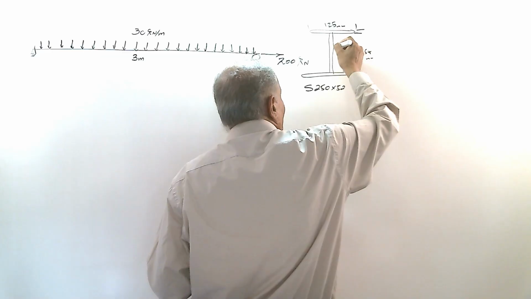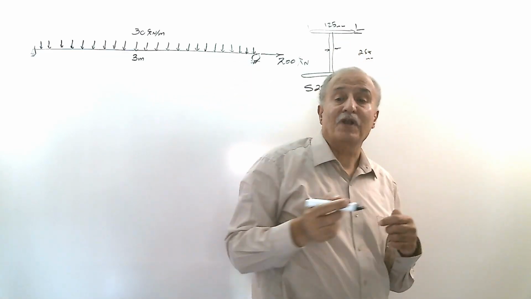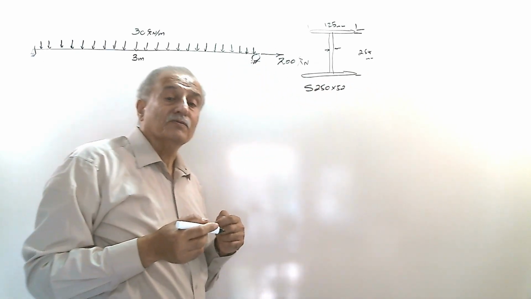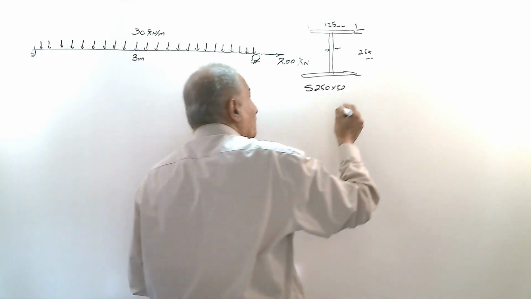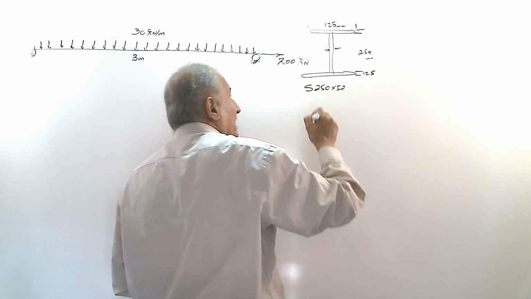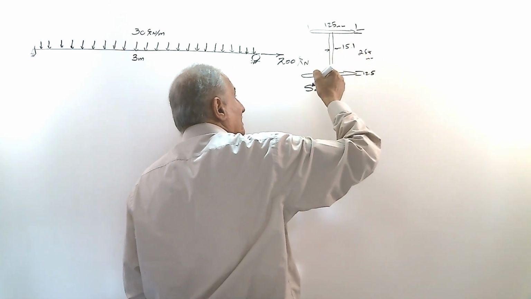This thickness, the flange thickness, is equal to 12.5, and the web thickness is 15.1 mm.